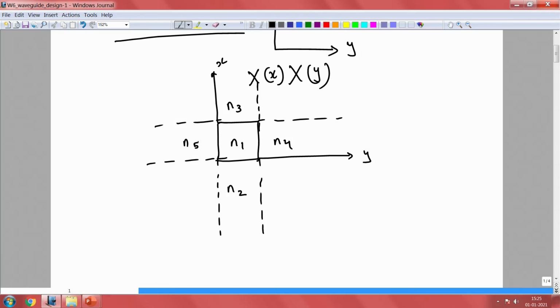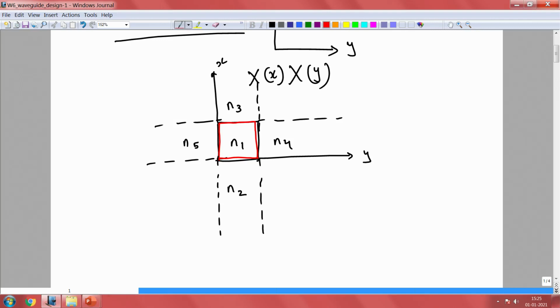These are all the different regions or different boundaries that we should consider when solving for a waveguide here. If you consider this is my rectangular waveguide, but then if you want to put the boundary condition, now we have multiple domains here, along x and along y.